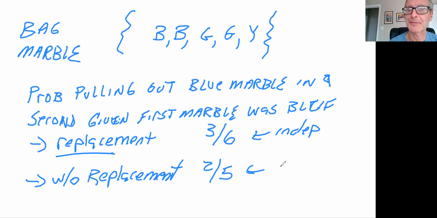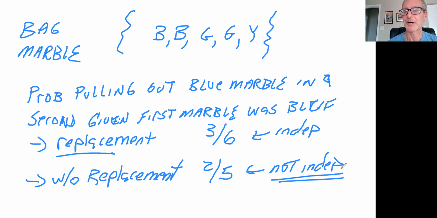But this is not independent, because what happened in the first pull of the marble, or taking the marble out of the bag, affects what happens for the second probability calculation, because not only are you changing the sample space, but you're changing the number of blue marbles that we have in the bag as well. I hope that makes sense. I know that this drawing's a little bit messy, so sorry about that. It's hard to draw on the whiteboard here on the computer.